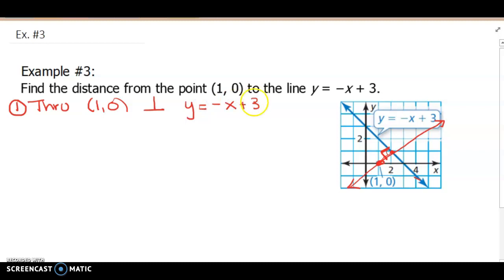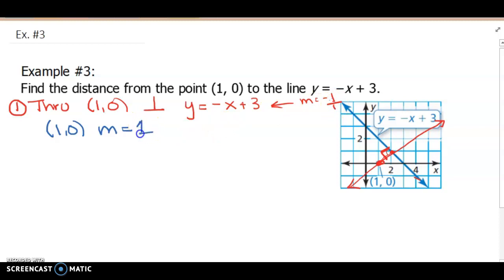Okay, well, notice this has a slope of -1. And if I want a line that's perpendicular to that, I want the opposite reciprocal. So think of -1 over 1. So I want to find the equation of a line through the point (1, 0) that has the slope, the opposite reciprocal of -1 over 1, which is just positive 1 over 1.